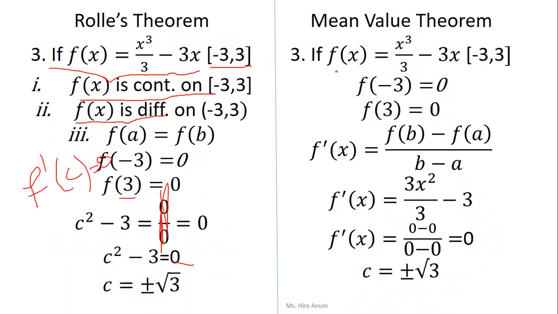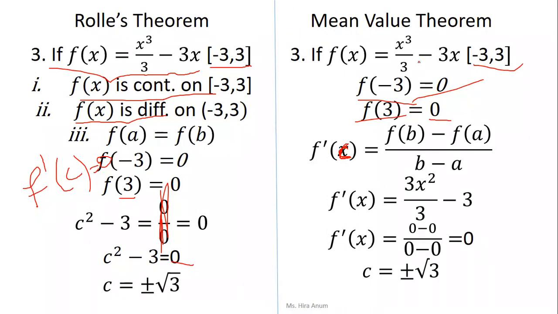Now we have the third example. F of x equals x cube over 3 minus 3x. On this interval, put minus 3 in the function, it gives 0. Put 3 in the function, it gives 0. F prime of c equals f of b minus f of a over b minus a.